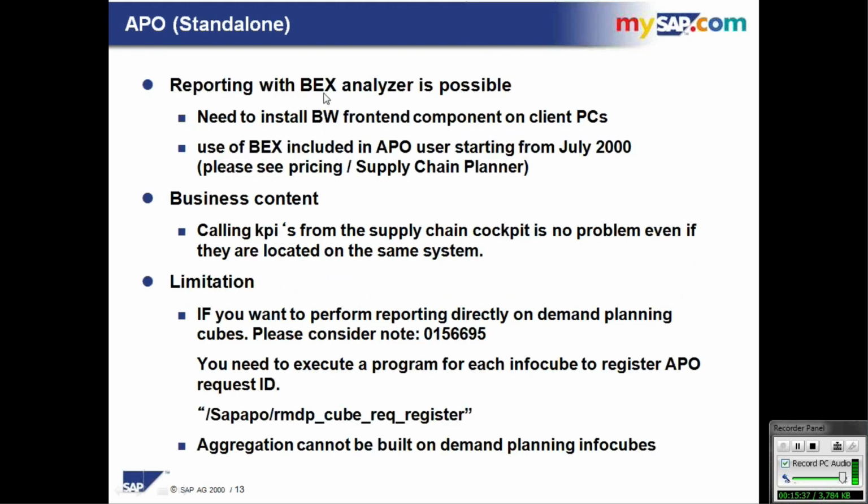And for reporting, we can use BEx analysis. It looks like Excel, because in interactive planning we cannot directly extract any reports. If you keep running more than 5 minutes in interactive planning, it will give a dump.